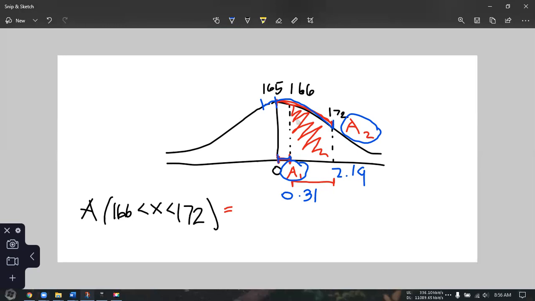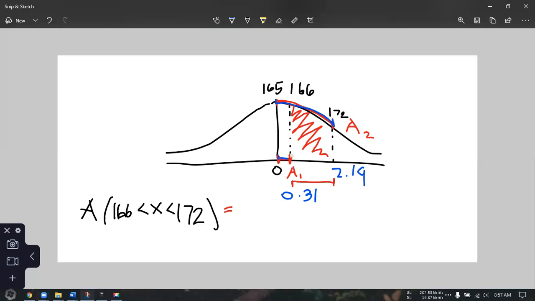So, I'll tell you. Knowing that this is already a sub 2, from 165 to 172 is a sub 2 already, and 165 to 166 is a sub 1.